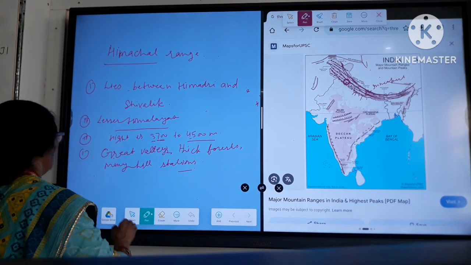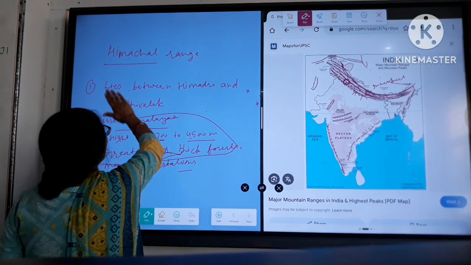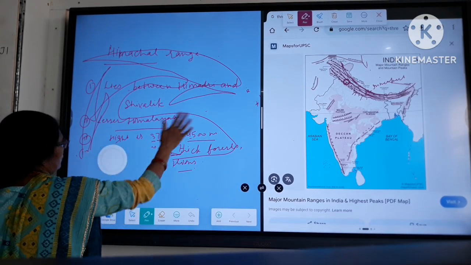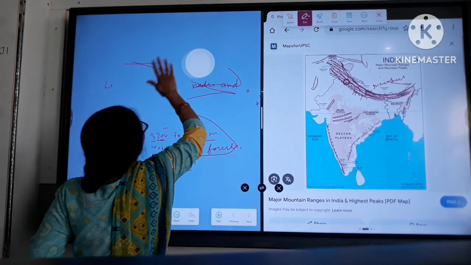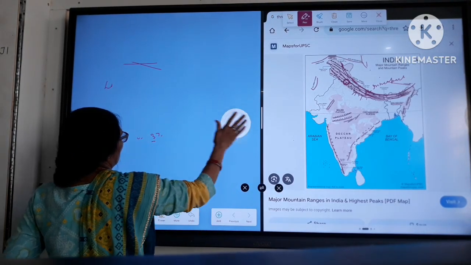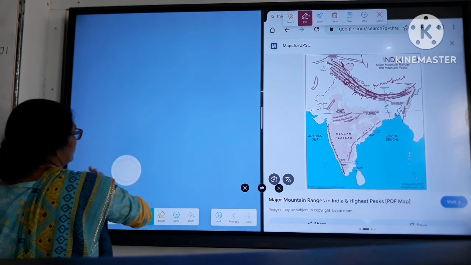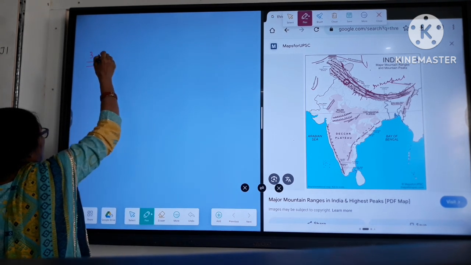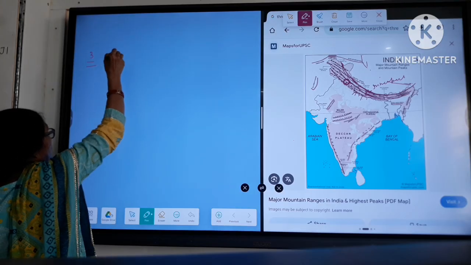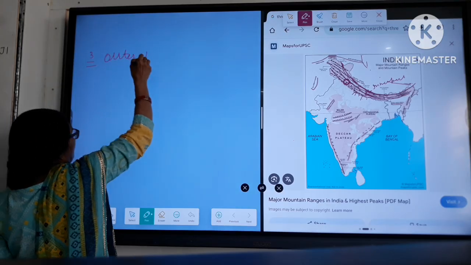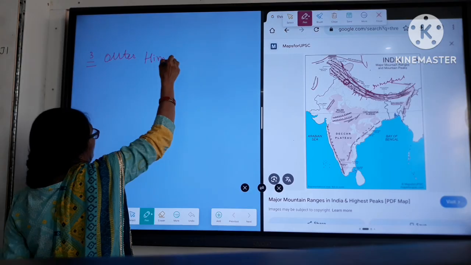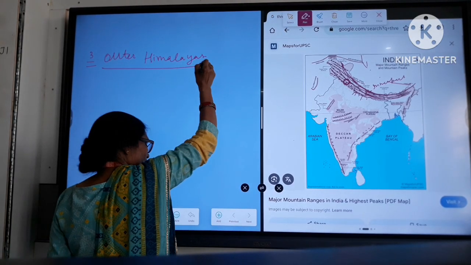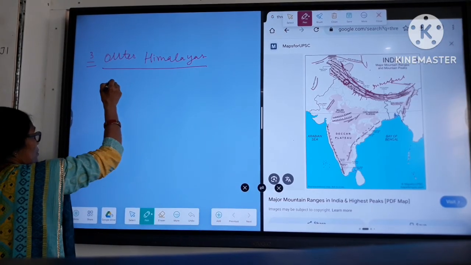Okay, now we are going to discuss the third range of the Himalayas. Third range is outer Himalaya, and the other name is Shivalik.